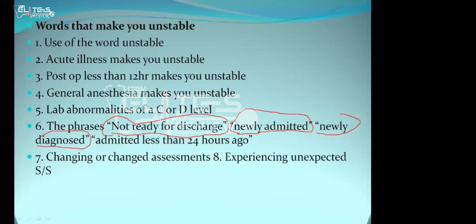The next one, admitted less than 24 hours. A patient who was admitted less than 24 hours, this patient too is unstable. Then changing or changed assessment. So when you have that one too, it means patient is unstable.